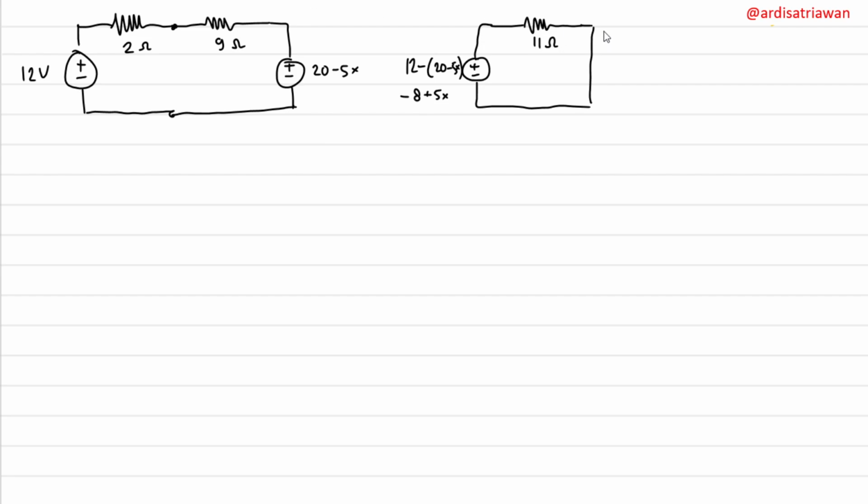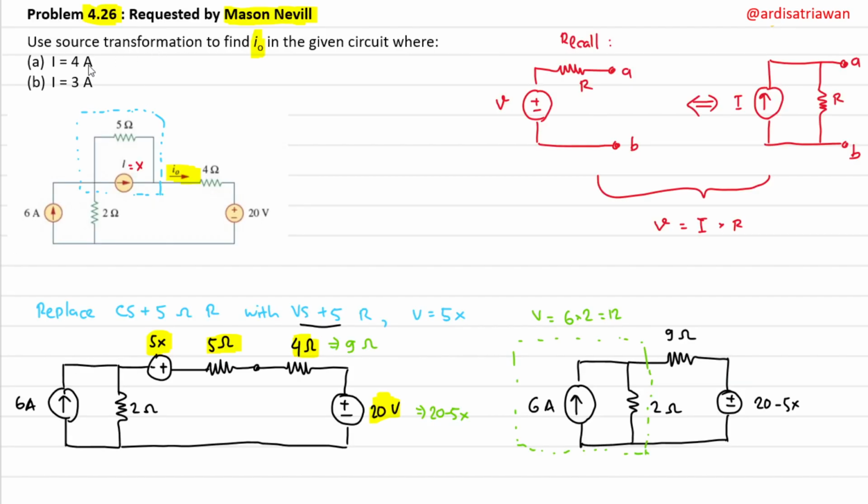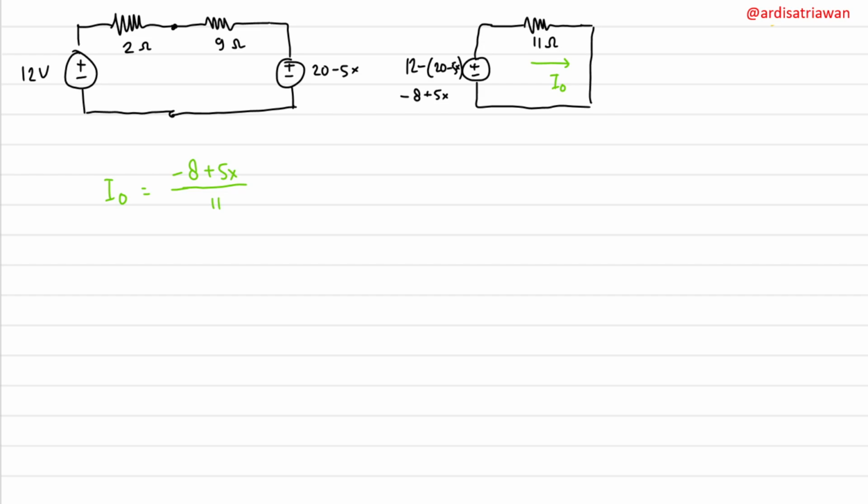But the question is asking for the current that passes through this resistance here, which is I0. Okay, so to calculate I0, I will need to use the voltage source, which is minus 8 plus 5x, divided by 11, right? Okay, now the question is asking for when I is 4 ampere and I is 3 ampere.